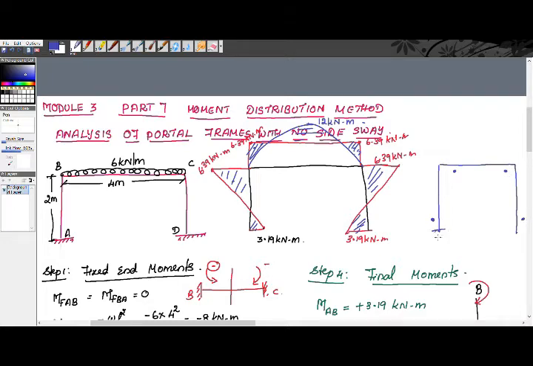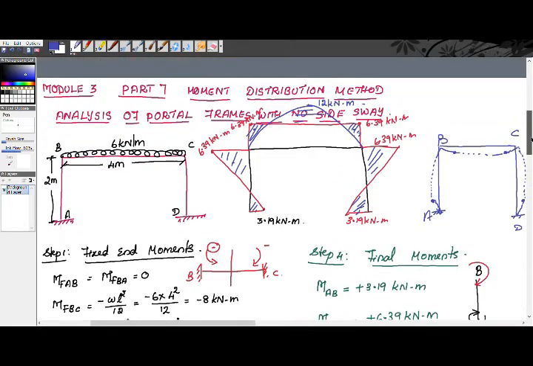So our deflection diagram will be like this. So this is our deflection diagram. A, B, C and D.